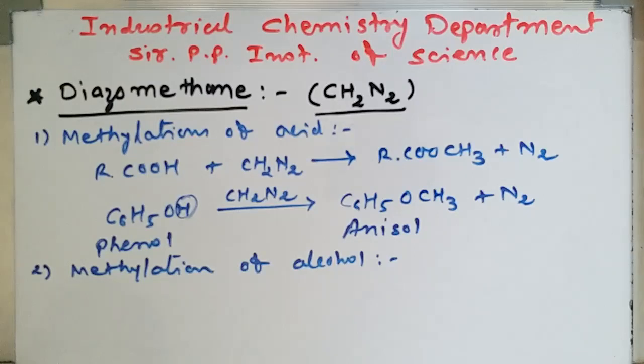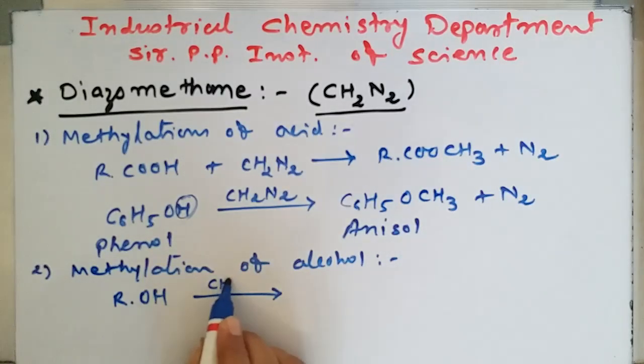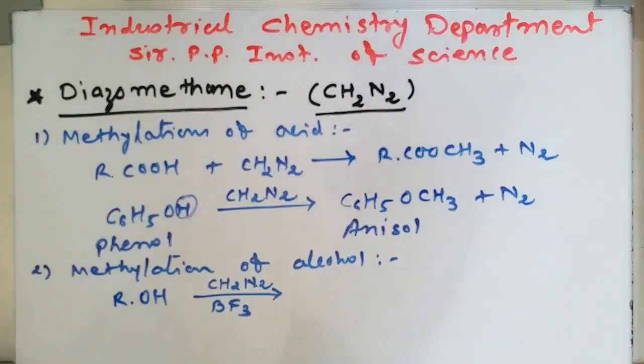For example, we see the alcoholic compound ROH is treated with diazomethane in presence of BF3, boron trifluoride. It is converted into a methylated group.